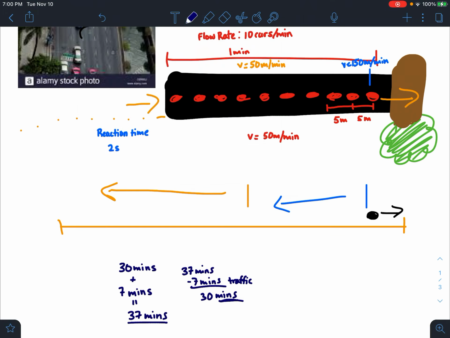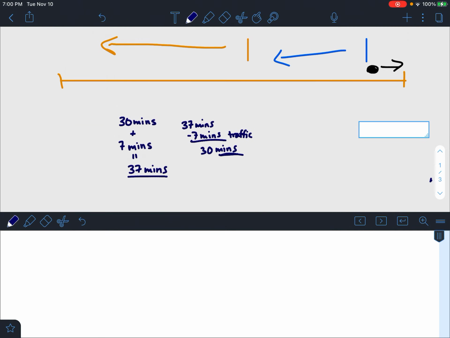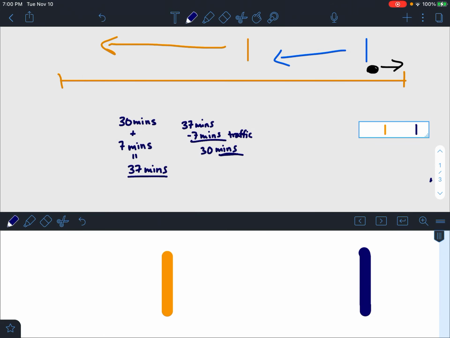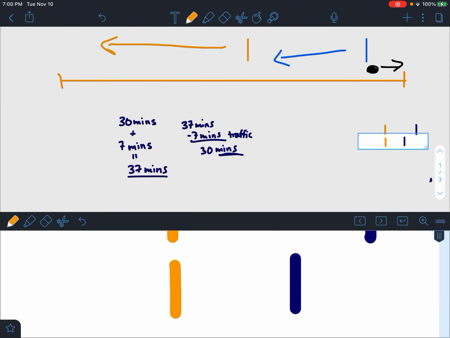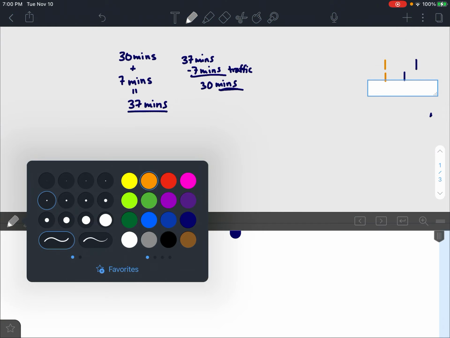If we were to keep going with this, as you can see, it's kind of like a wave function. It's like this, where this gets away, and then eventually that orange line and that blue line are going to meet.